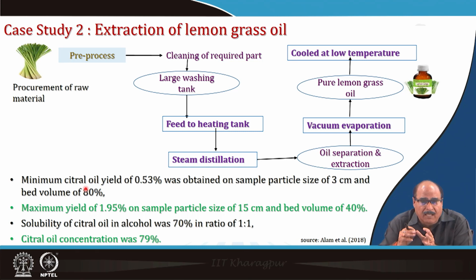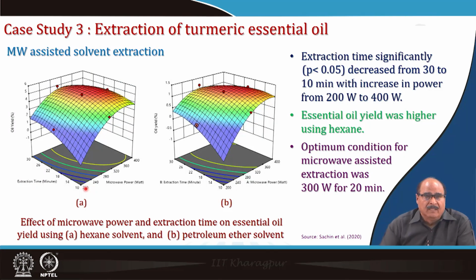Solubility of citral oil in alcohol was around 70% in the ratio of 1:1 and citral oil concentration was around 79%.